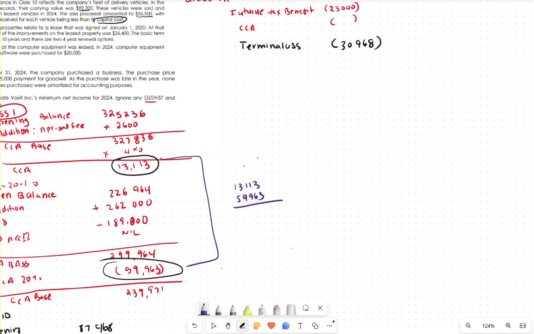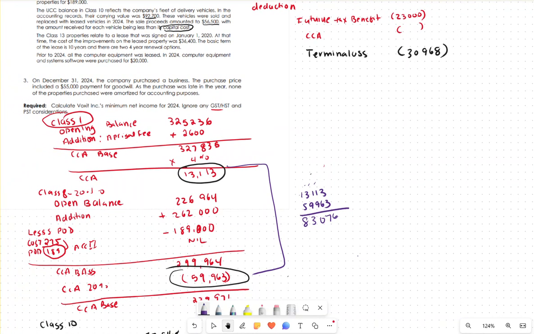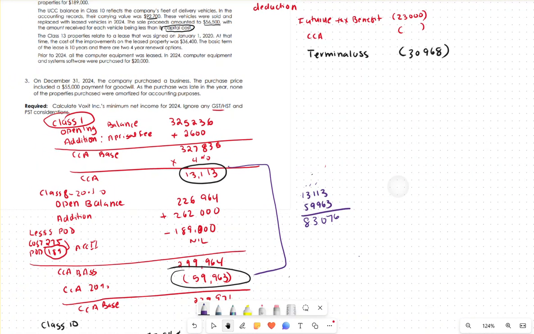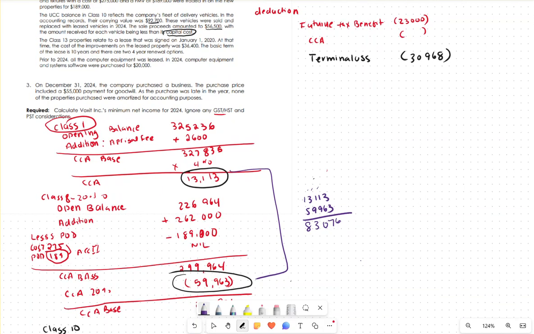In this case, it is 83,000 and 670. And did I miss something? What did I miss? I think I missed some of the CCA. Seems like it. Yes, I didn't see it.